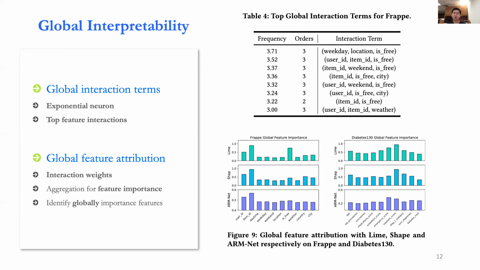And second, global feature attribution. In the right figure, we show the global feature importance produced by ARMNet on the two data sets. We compare the importance weights by ARMNet with two model-agnostic interpretation methods, namely LIME and SHAP. We can notice that the feature attribution is consistent with the two popular interpretation methods.